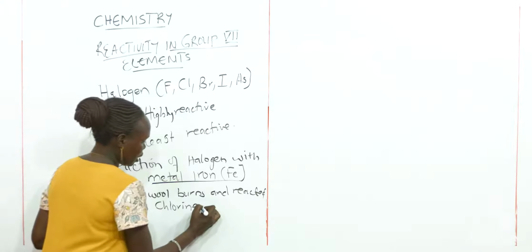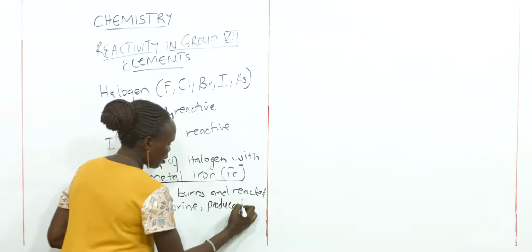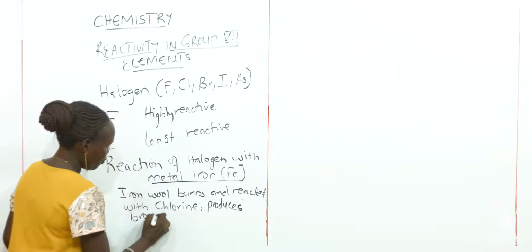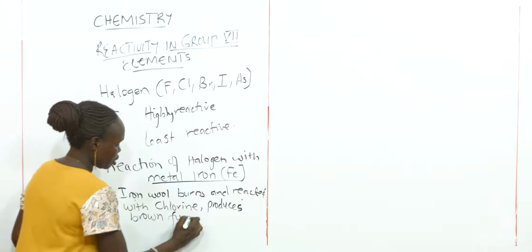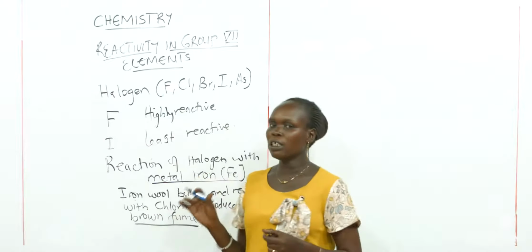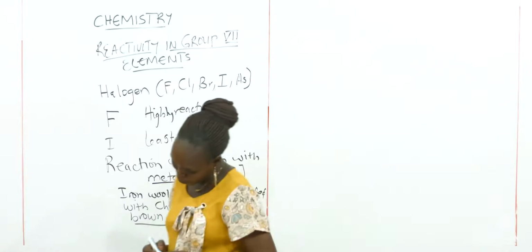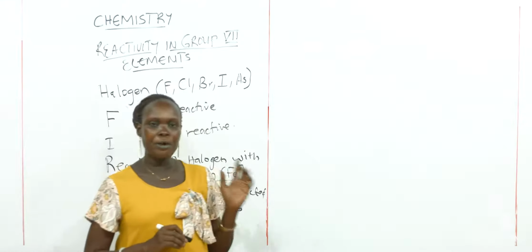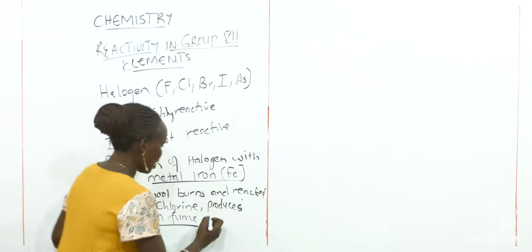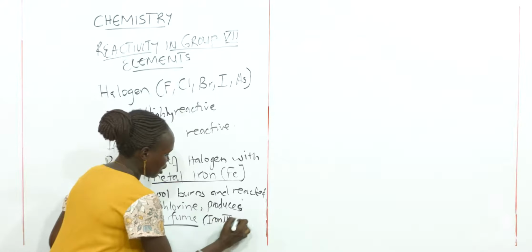So it produces brown fume. When you have the reaction of chlorine with the iron wool, it gives us a brown fume of iron 3 chloride.